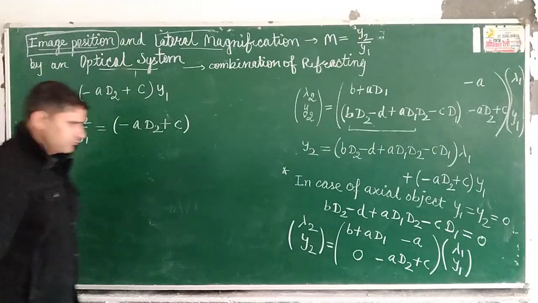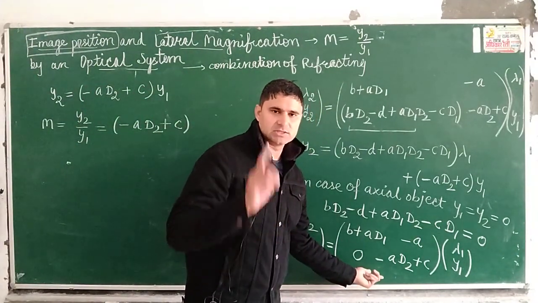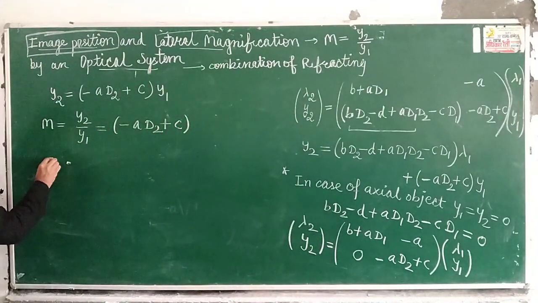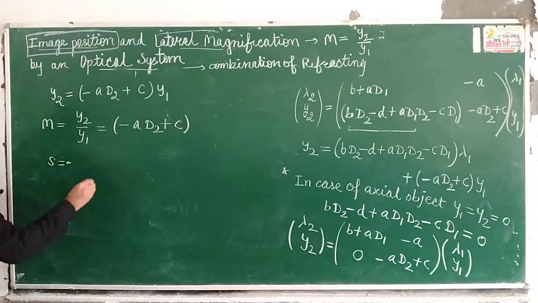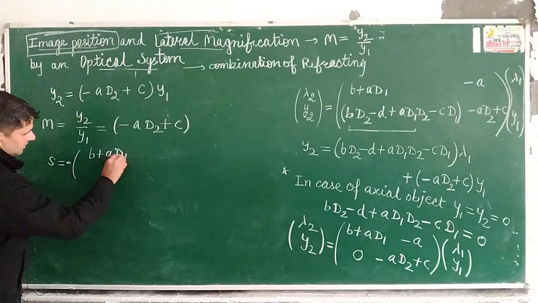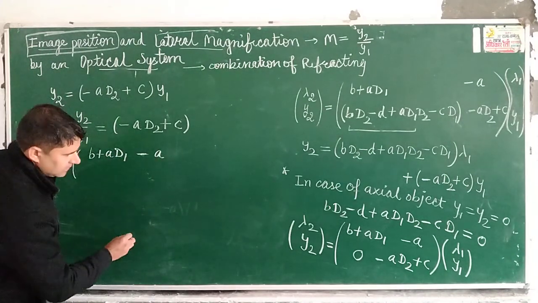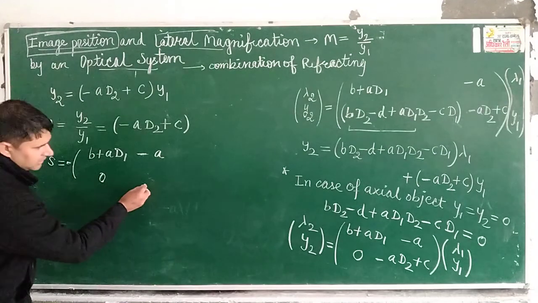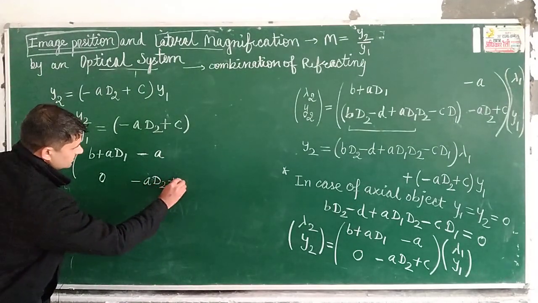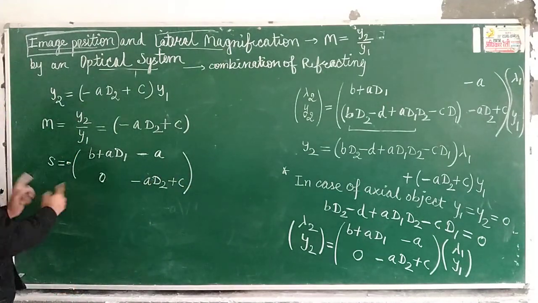And for this system matrix, we know that the determinant of the system matrix is equal to unity. So if we take the idea from that, here I am writing the system matrix, which in this case is b plus a d1, minus a, and then we have 0 and minus a d2 plus c, and this is the system matrix.